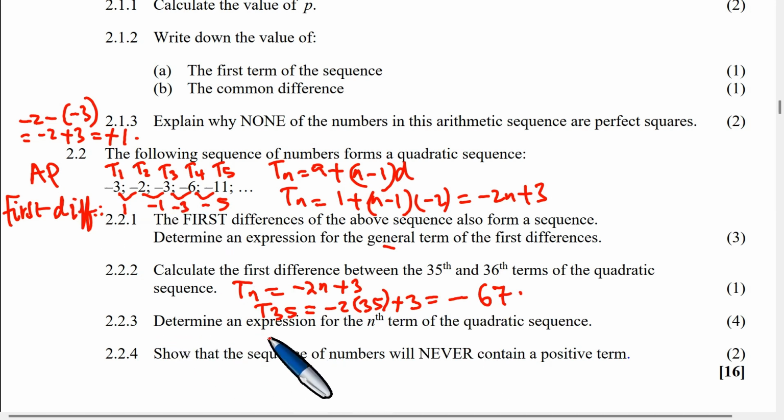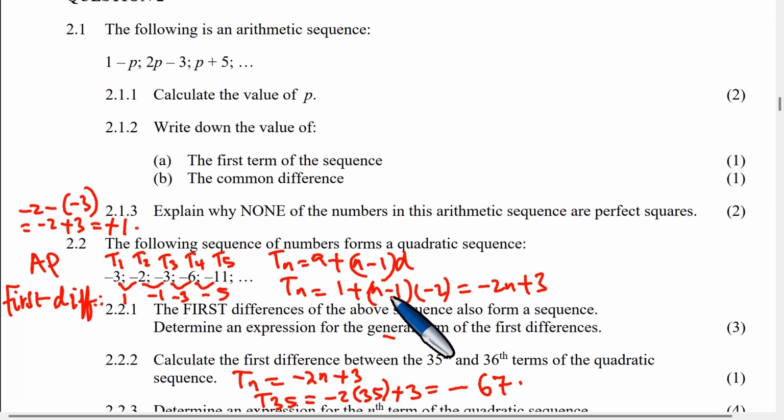Now, the expression for the nth term of the quadratic sequence, we find as follows. I wanted to make space here for it. We start by writing minus 3, minus 2, copying the quadratic sequence.